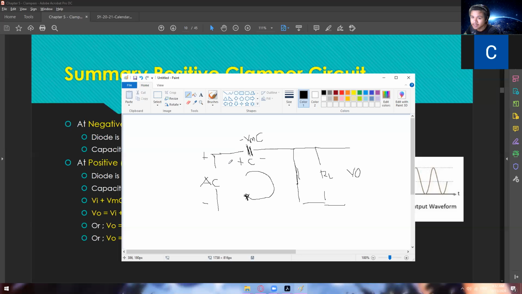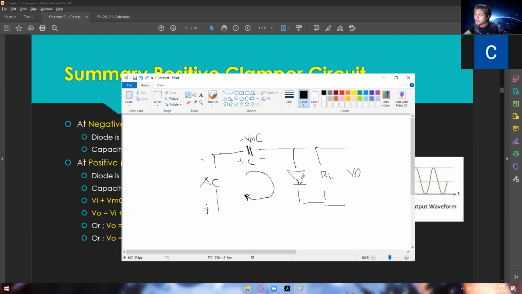As you can see, that is during the positive half cycle. But if it's during the negative half cycle, negative is connected to the positive and positive is connected to the negative.